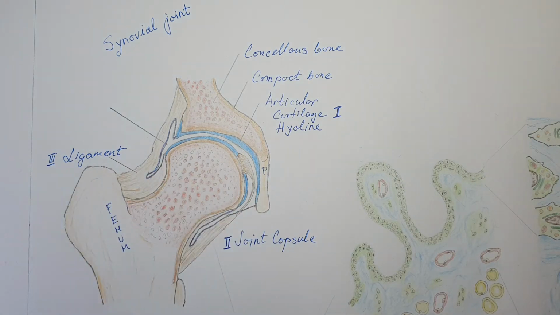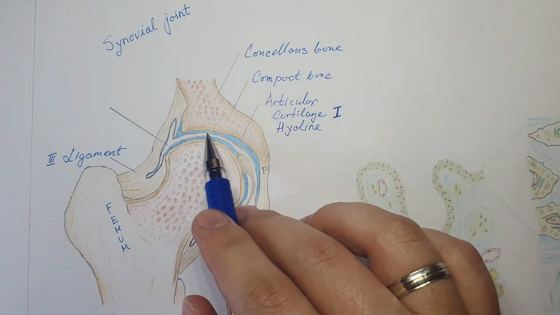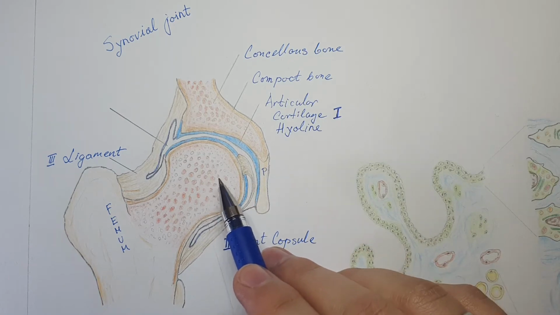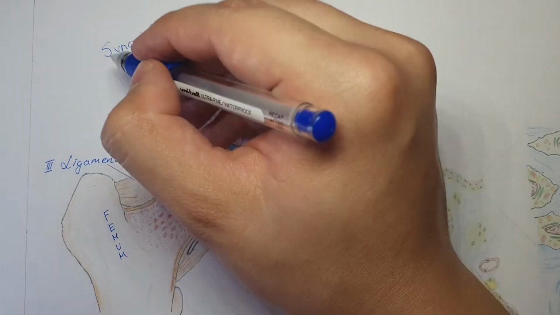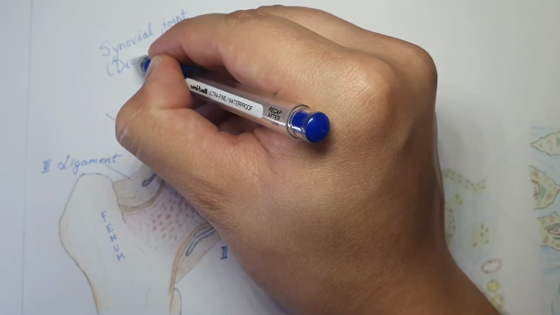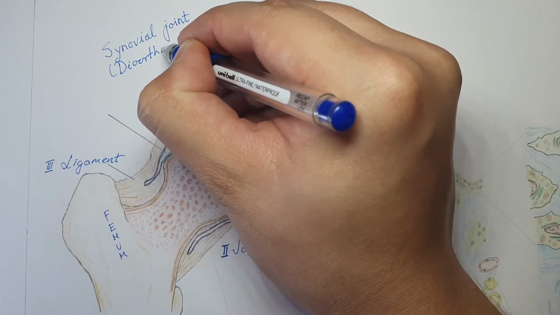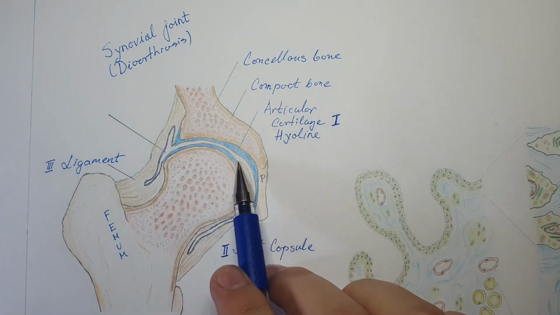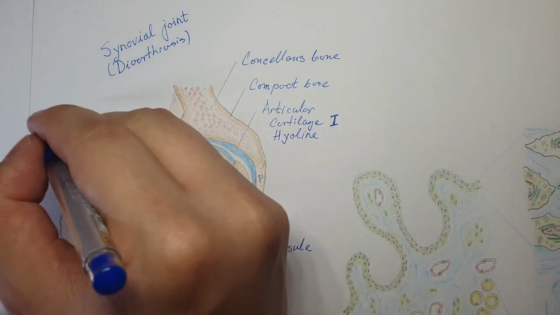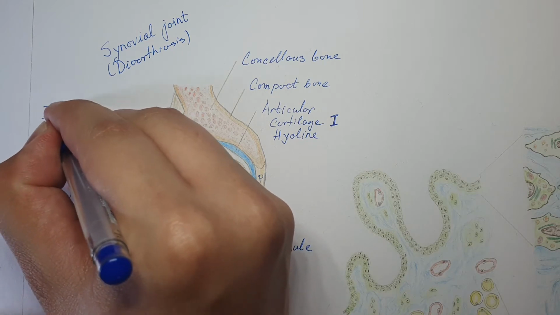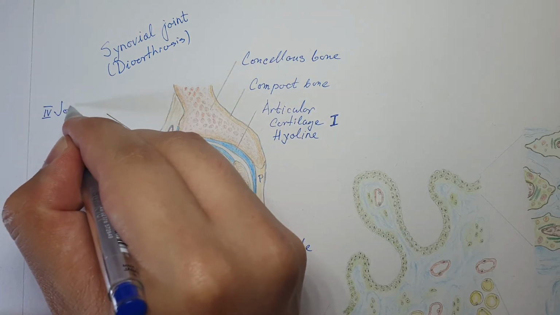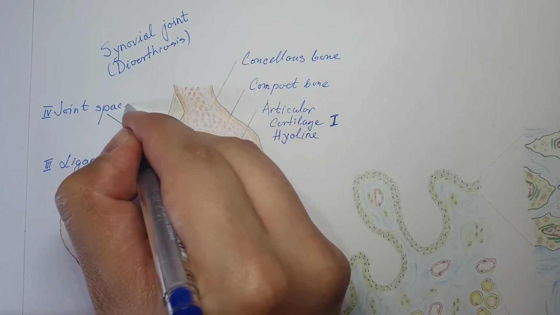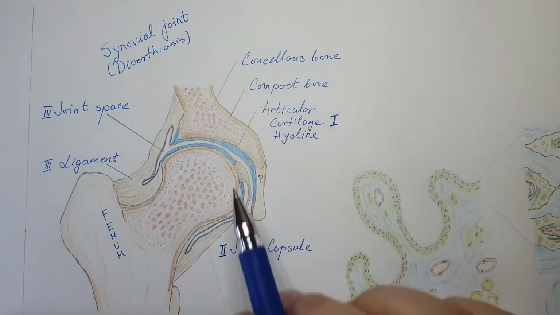The fourth and last is this space in between the two bones. These joints are also called diarthrosis in Latin, which means to separate, and they are separated by the joint space. So this is the fourth part of the structure.